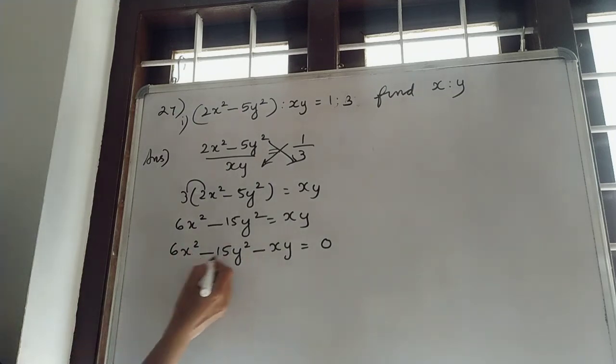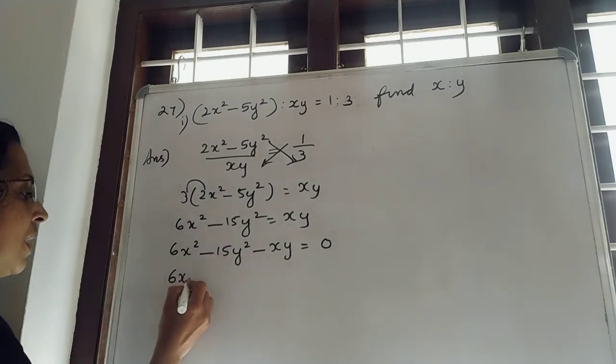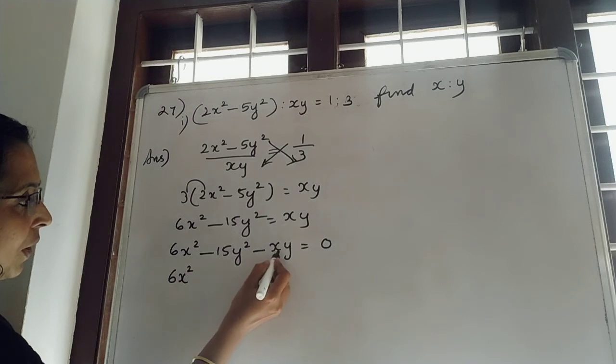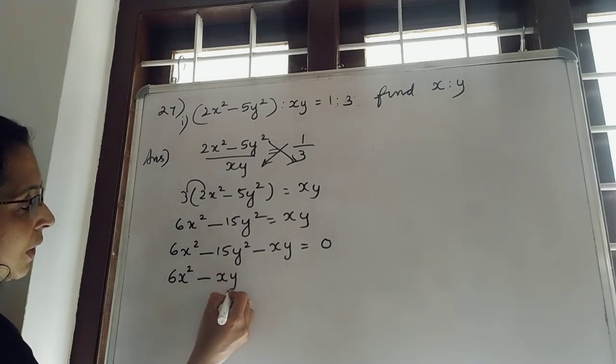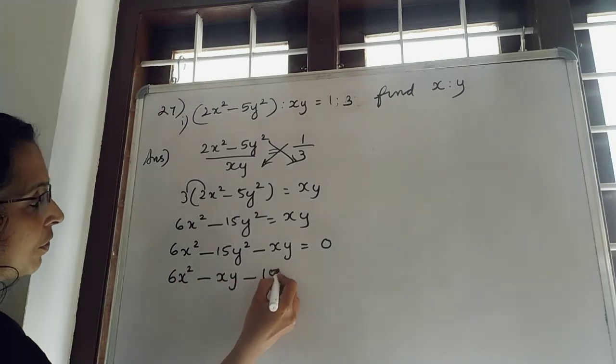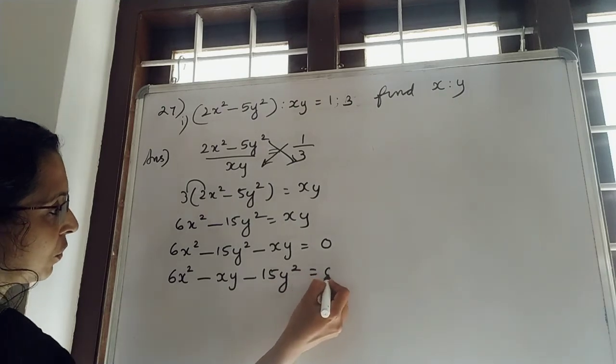We can rearrange this, that is, the first term and last term will be the square terms. So 6x² − xy, we can write in the middle, − 15y² = 0.